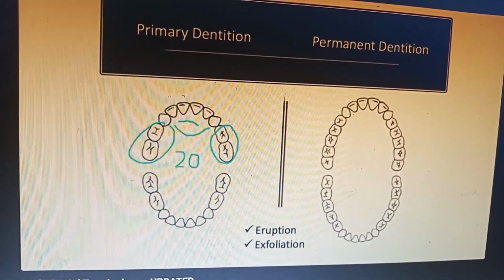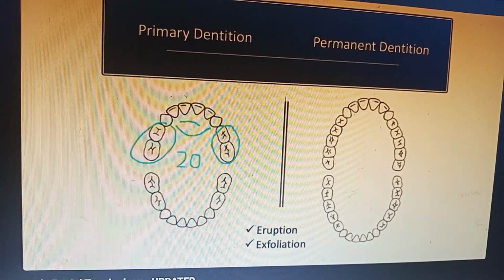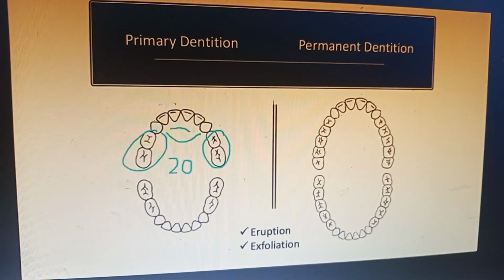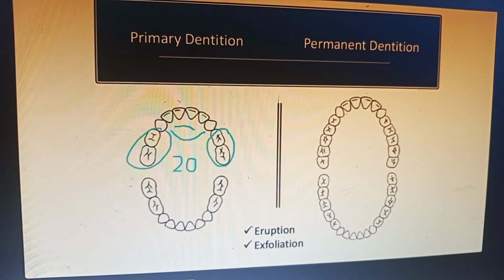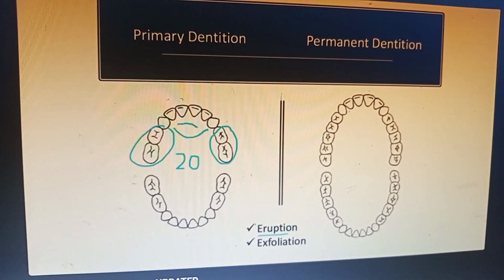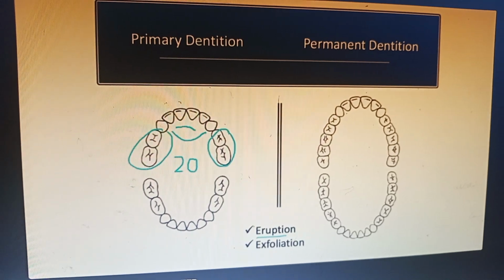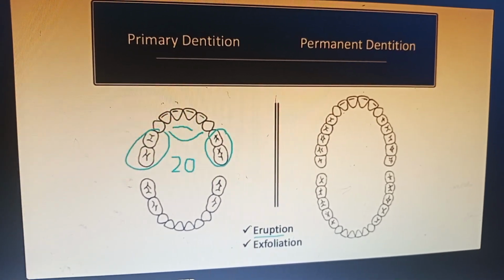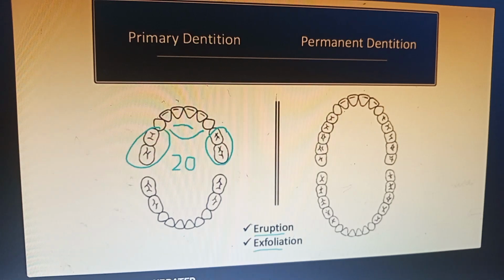Note that there are no premolars in the baby teeth. These start coming in at around 6 months of age, and teeth coming into the mouth is called eruption. And all the baby teeth should have fallen out by around age 12. Teeth falling out of the mouth is called exfoliation.